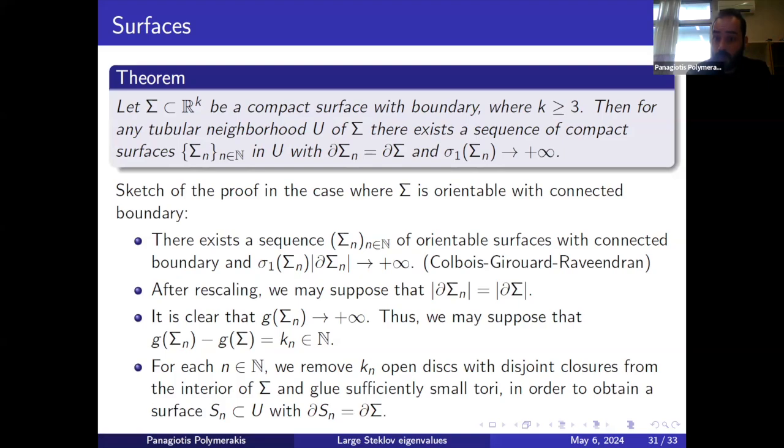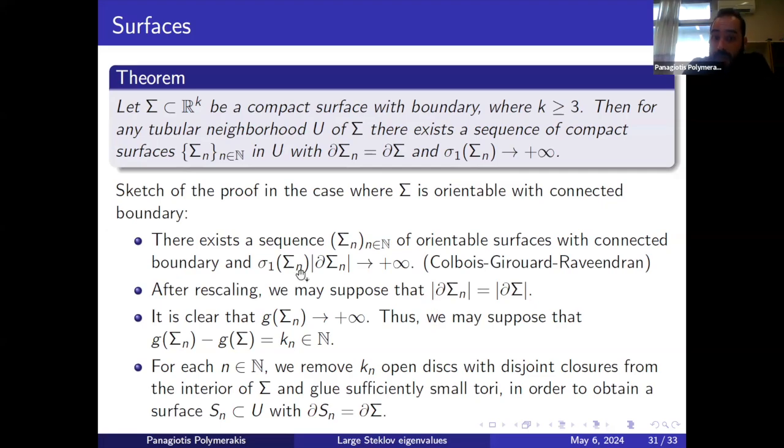Again, we'll exploit the construction that is already known outside the Euclidean space. So it is known that there exists a sequence of orientable surfaces with connected boundary and arbitrarily large first normalized Steklov eigenvalue. So we can rescale the Riemannian metrics of the surfaces and suppose that the length of the boundary of sigma n is equal to the length of the boundary of the surface that we have inside the Euclidean space.